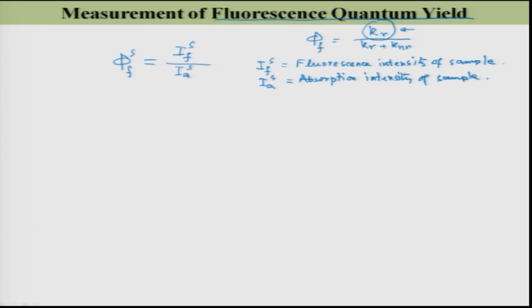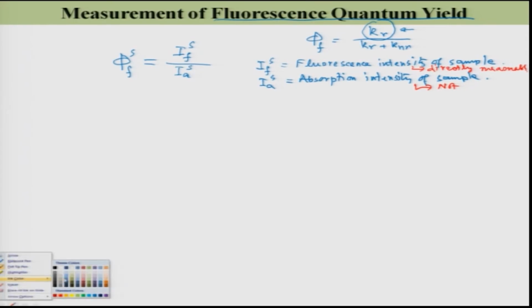Right. So, just to tell you, this is a directly measurable quantity, this one, but this one is not. Okay. So, then there is a problem, right.